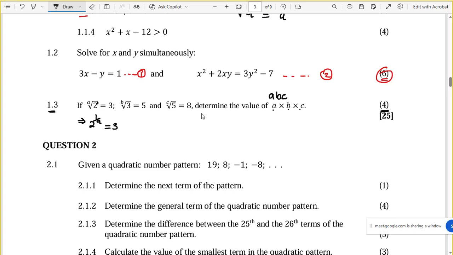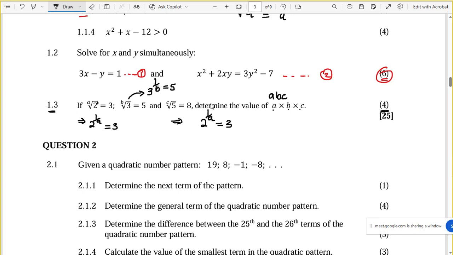Okay, so I know that the first step I have 2 to the power 1 over A, and this equals 3. Look at this. We know that this will be 3 to the power 1 over B, which is 5.